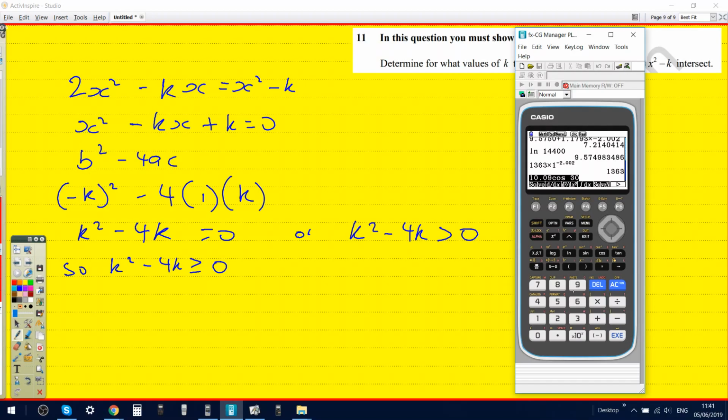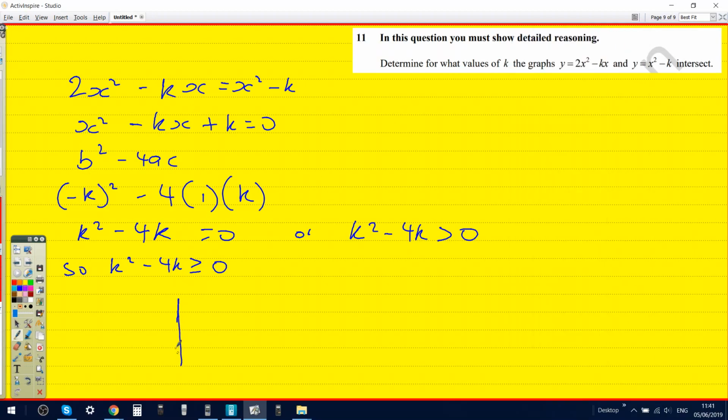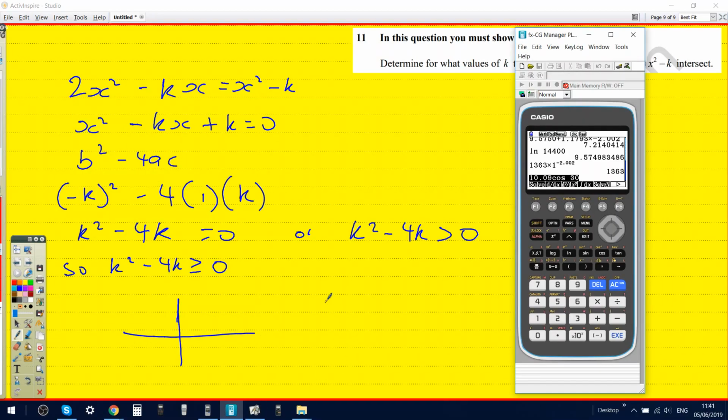You would have to sketch the graph. So basically, yeah, sketch the graph, and then see where it's greater than 0. So from these 2 points, right? 0 and 4. But is it less than? Is it greater than?